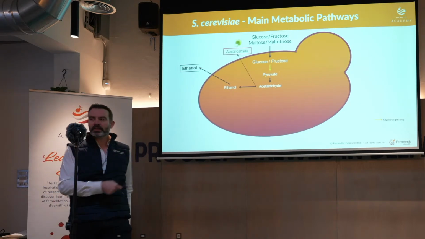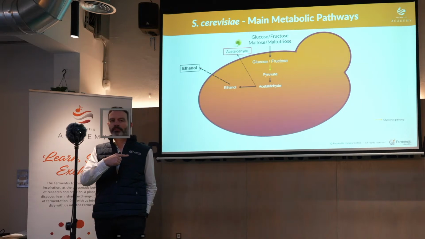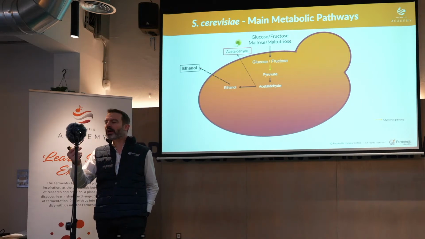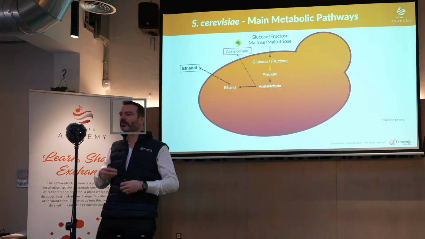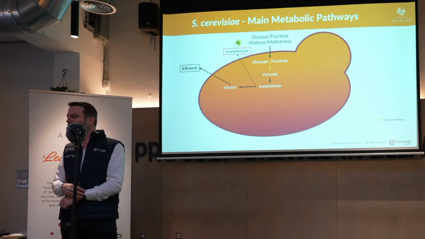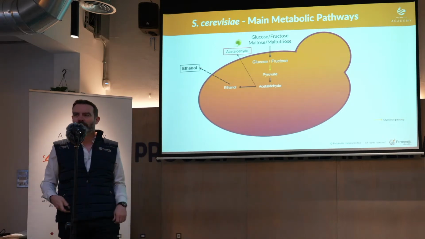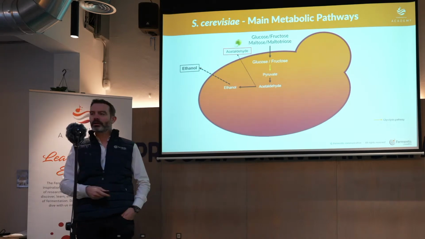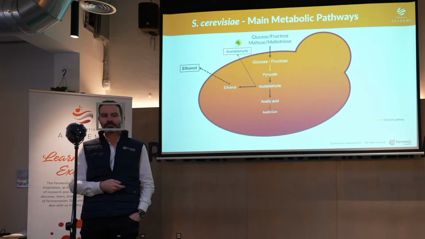And of course, acetaldehyde can go out of the yeast, which makes this green apple, green flavor in the beer that has not been through maturation yet. And then the yeast can re-import that and make alcohol out of it, removing this flavor.